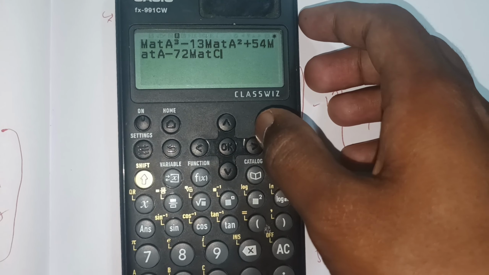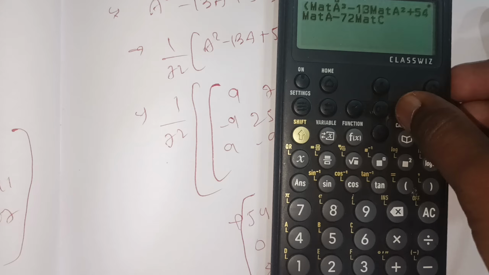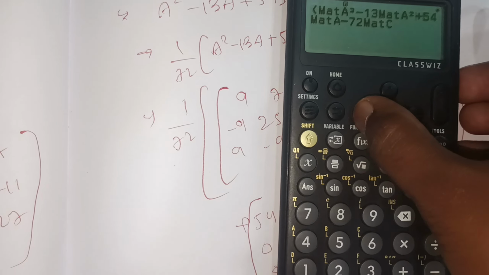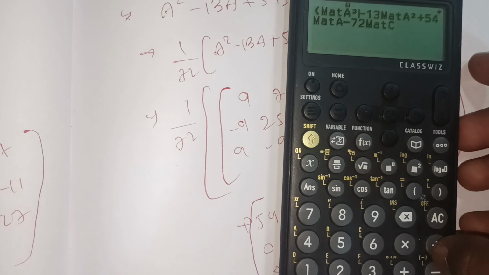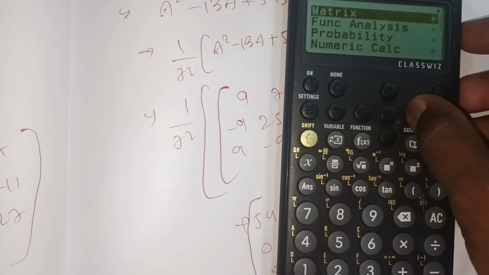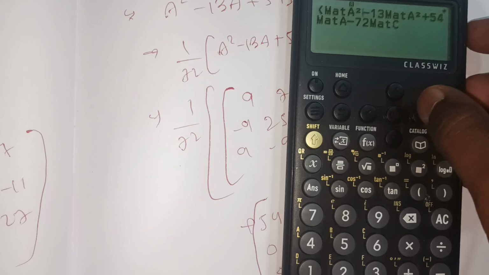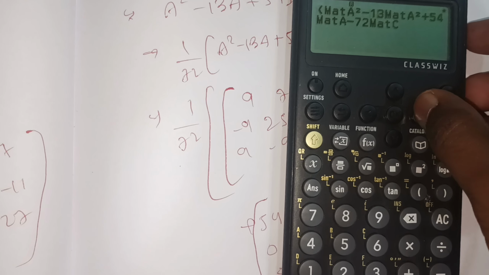So next here, just change something. We have already taken the A square minus 13A plus 54 Mat C. Here see, I am just changing it so that your time won't be wasted in the examination.